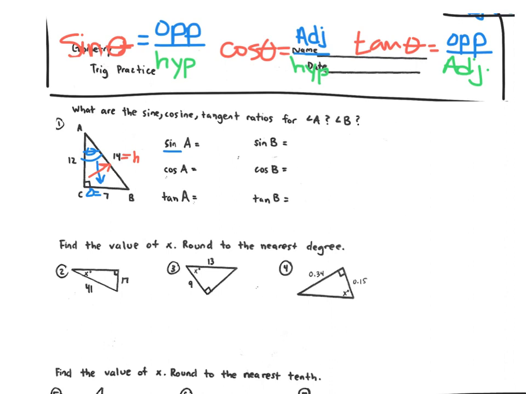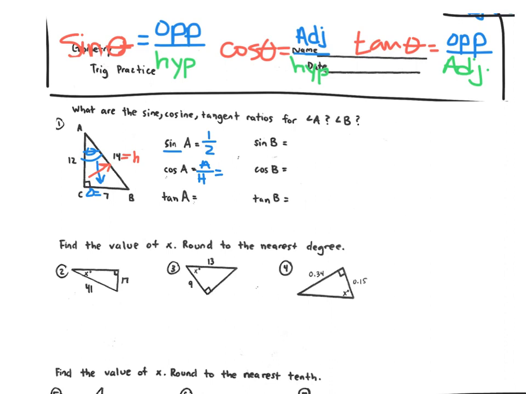Okay, let's try the cosine of A. Cos is CAH, so that's adjacent over hypotenuse. Okay, back to cosine, adjacent over hypotenuse. That's going to be adjacent.